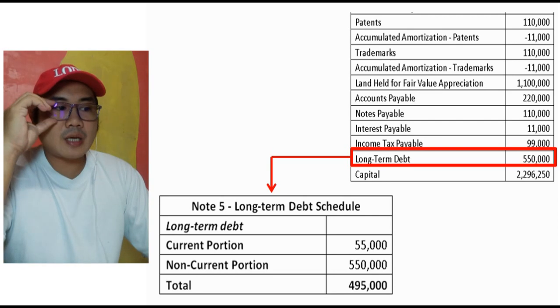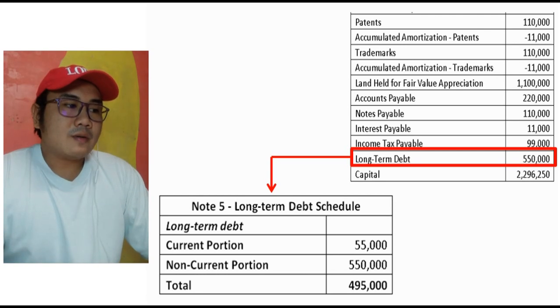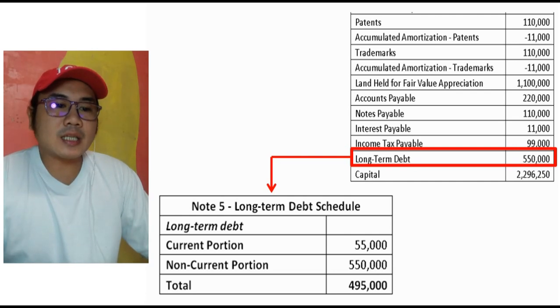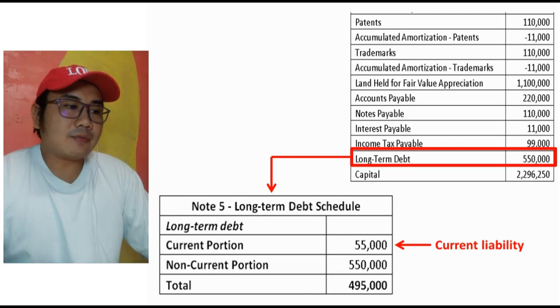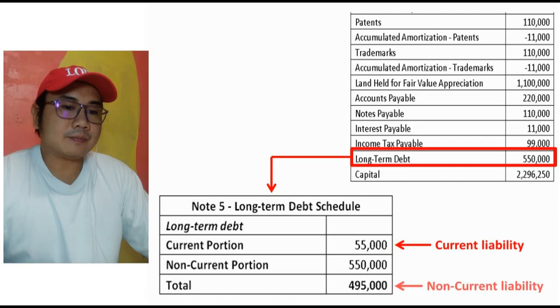The long-term debt schedule will be our Note 5. For year 1, we will pay 55,000 and the balance is 495,000. 55,000 will be recorded as current liability, while the balance of 495,000 will be recorded as non-current liability.